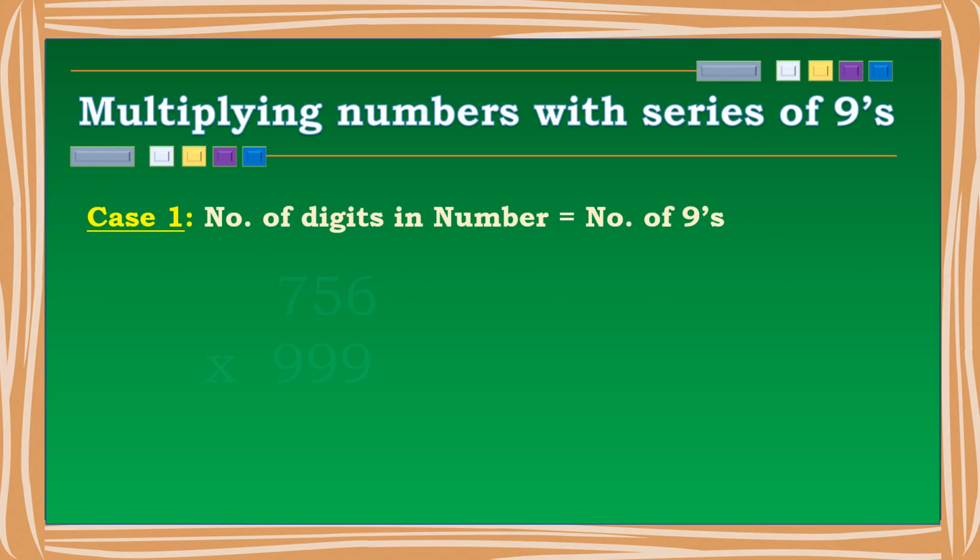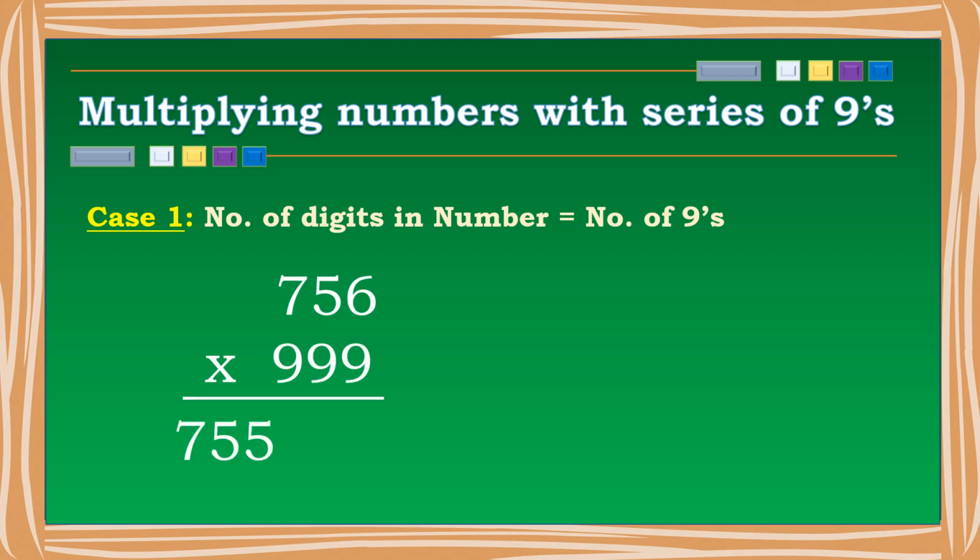Let's take an example. 756 multiplied by 999. So here the process is very simple. First, take the given number, subtract 1 from it and write it. 756 minus 1, 755. Next process, apply all from 9 and last from 10 for number 756.